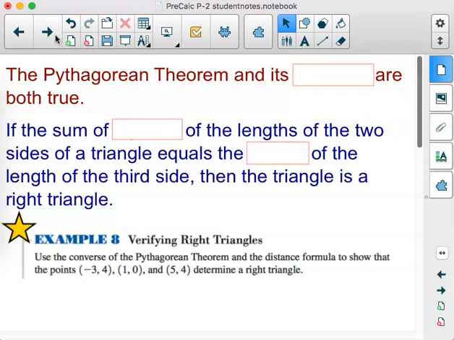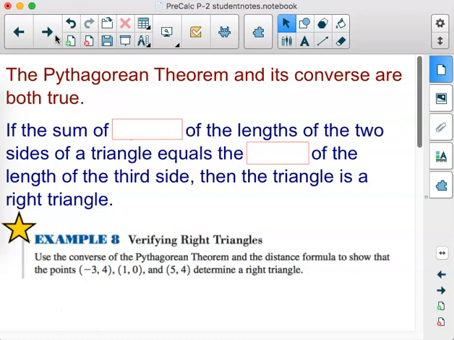So the Pythagorean theorem and its, there's a blast from the past, converse. Yikes. Anybody remember what a converse is? Geometry's been over a year for you guys. You remember the little if-then statements? Hypothesis and conclusion?